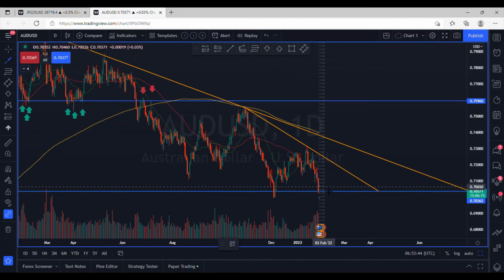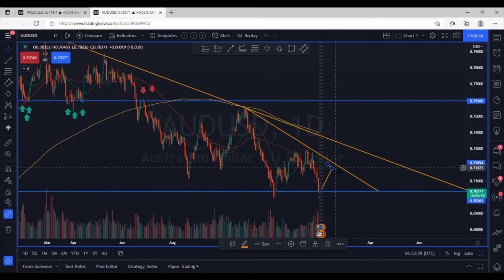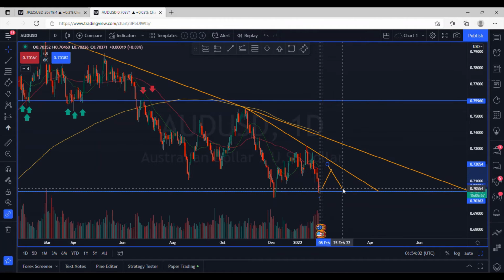Right, so basically what we could have is that. I couldn't find my little drawing tool. So you might have that, you might have that, you might have that, and then when you get to something like here, you're going to think, right, what's going to happen? You've hit your trend line.